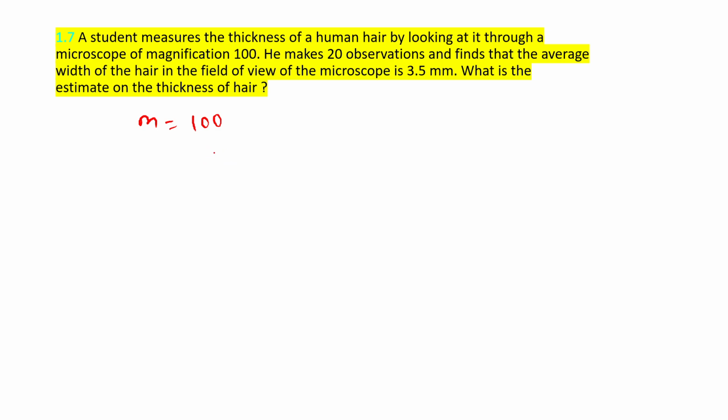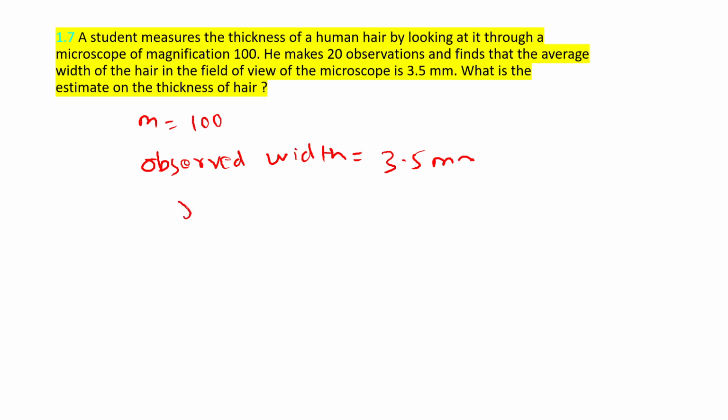Here what you have to understand is that the magnification is given as 100. He makes 20 observations and finds the average width of the hair in the field of view of the microscope is 3.5. So the observed width is 3.5 millimeter, and we have to find the real width.